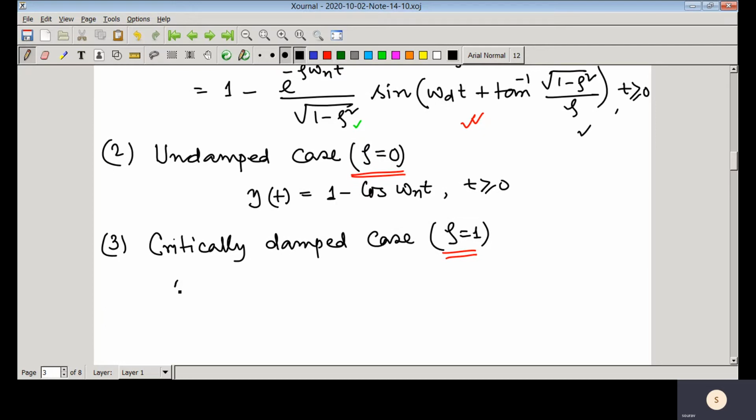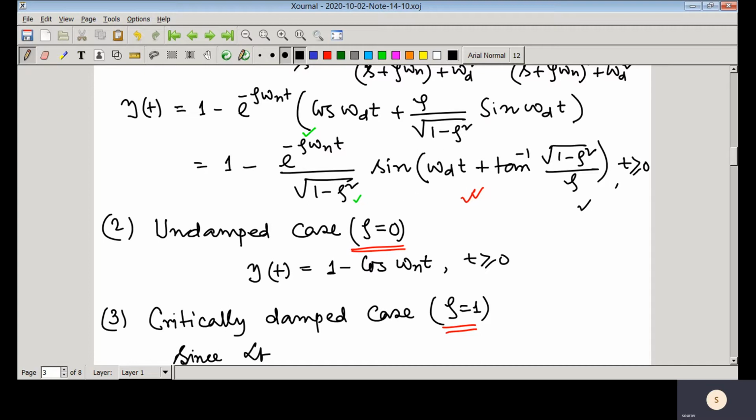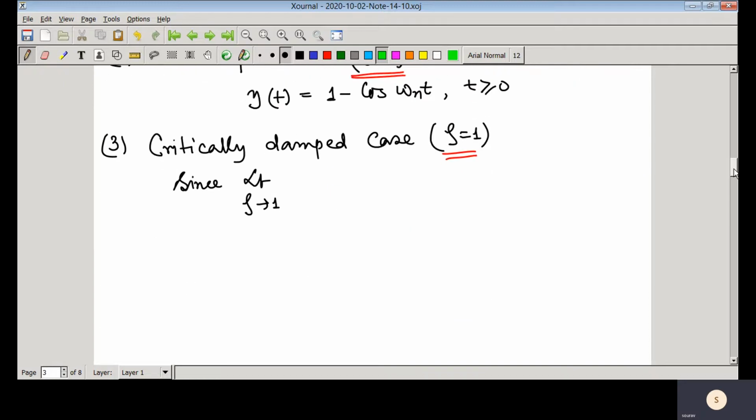I would suggest all of you to derive it on your own. As zeta tends to 1, look at the sine term: sine of omega d t divided by square root of 1 minus zeta square, where omega d is omega n square root of 1 minus zeta square, so omega n square root of 1 minus zeta square into t divided by square root of 1 minus zeta square. If you take the limit of that, it gives you the value omega n t.